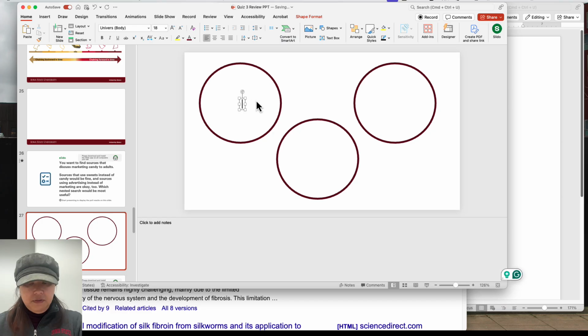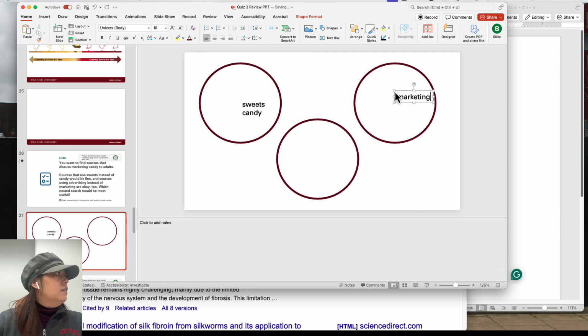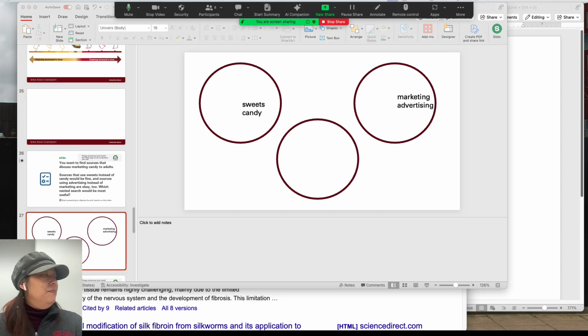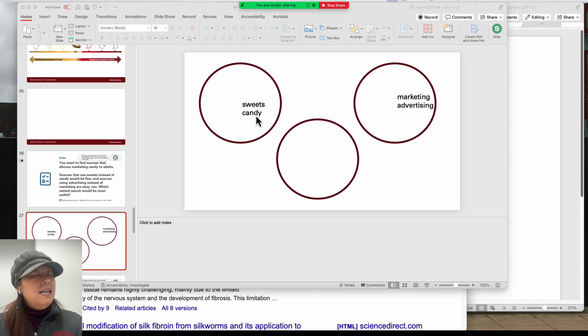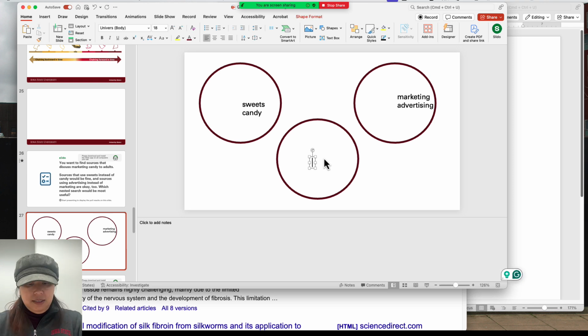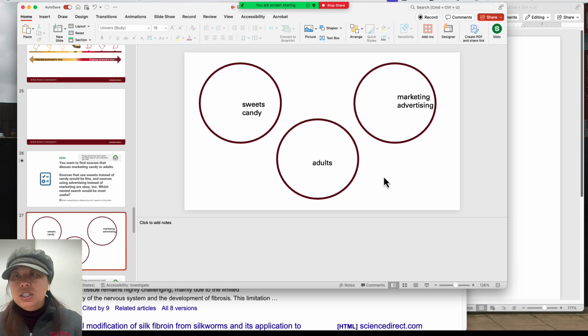So if I have sweets and candy, we've got marketing, and what did we say the other one was? Advertising. Awesome. So sweets and candy are synonyms. They stay in a circle. Marketing and advertising, synonyms. They stay in a circle. And adults. These are my three essential concepts, my three elements in this search.